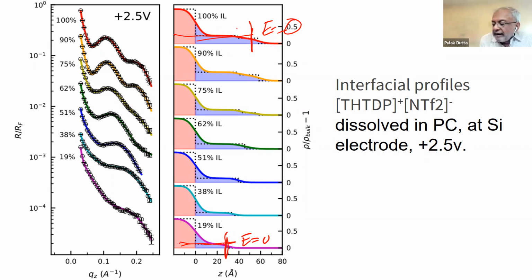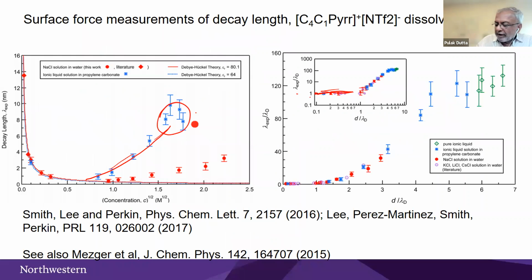On the other hand, there's no way you can say that these RTILs are not really charged, that they're just molecules with the cation and anion bound together. The reason I said back here that one explanation floated for these large Debye lengths is that the RTIL is really a neutral solution, maybe a polar solvent, but a neutral solution, and that's why there are very few ions in it.